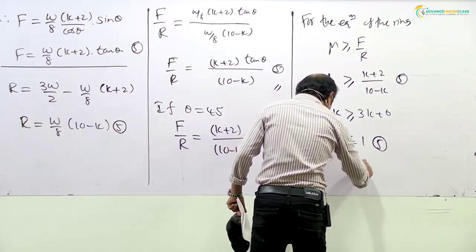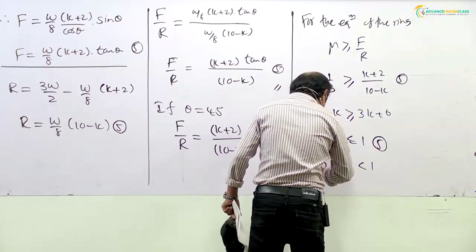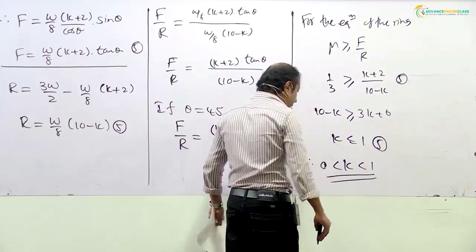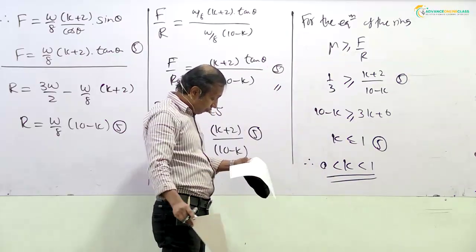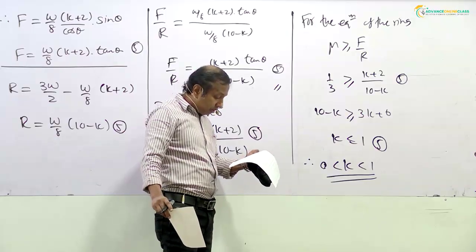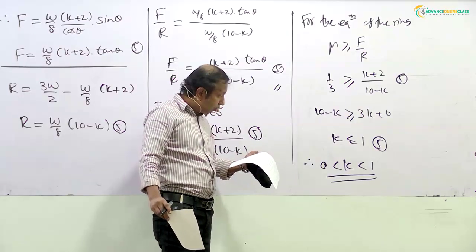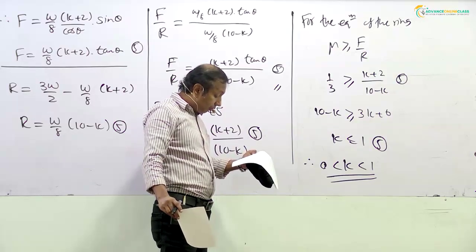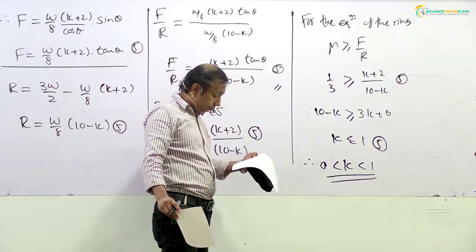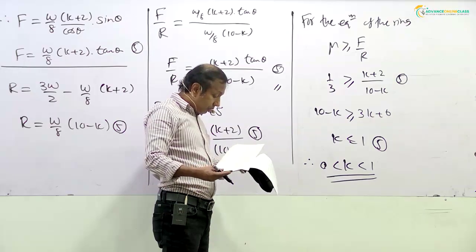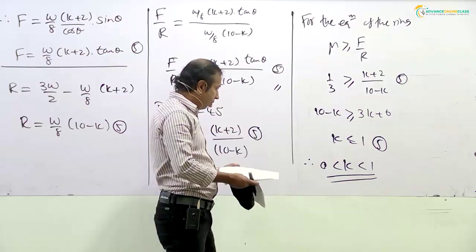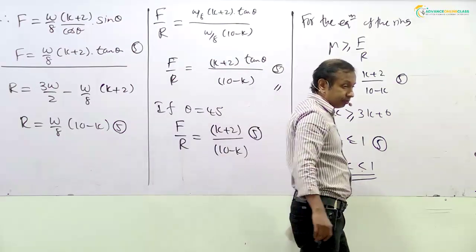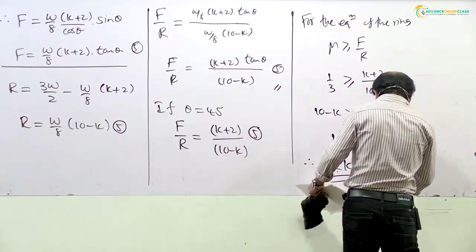Here, there's a small conflict. The final answer asking K less than 1; less than or equal to 1 should be there, and greater than 0. This answer will be written like this. For this, you get 5 marks.